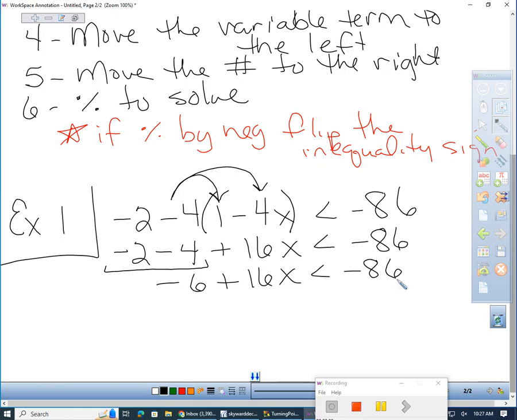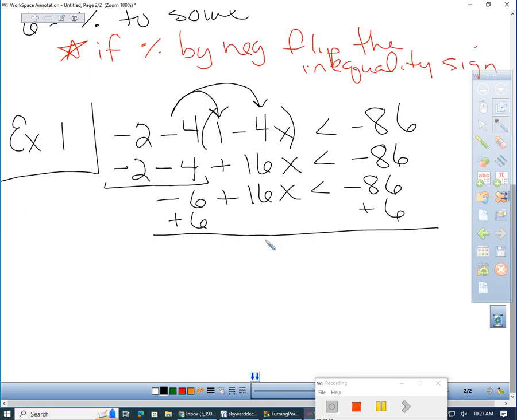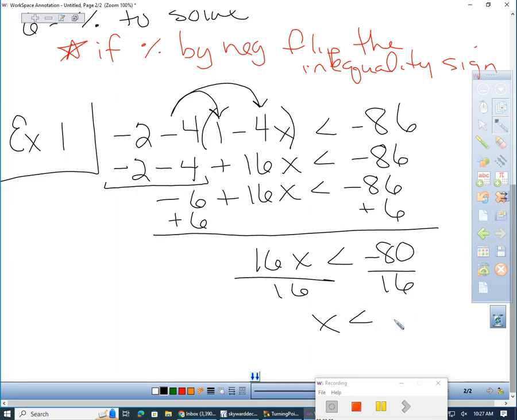Is it perfect? Step 5 says to move my number to the right. Good. I'm going to add 6 to both sides. So I have 16x is less than -80. I divide both sides by 16, and x is less than -5.